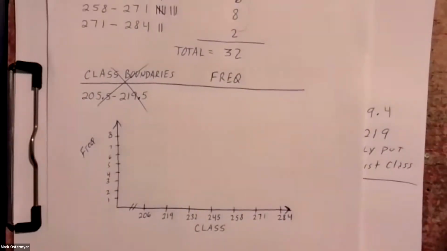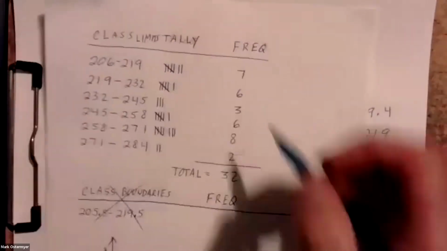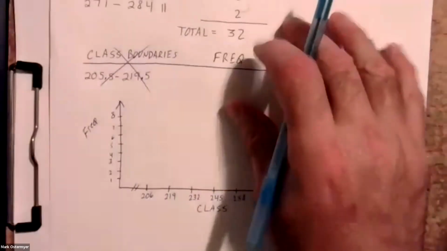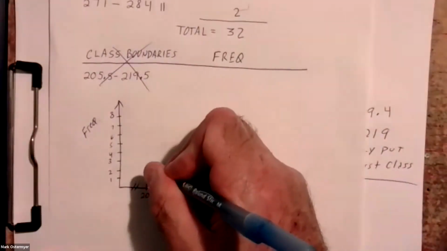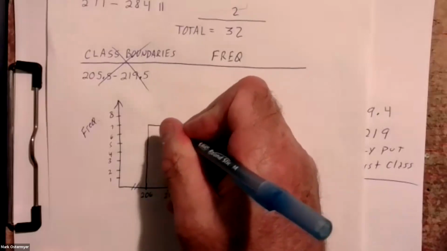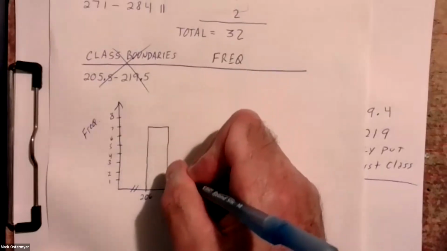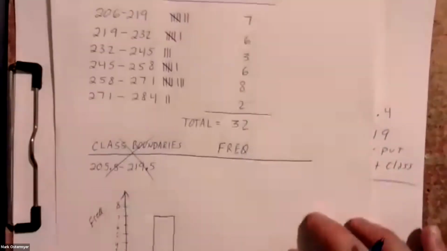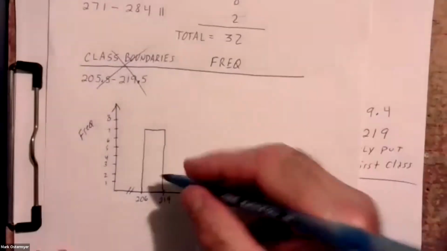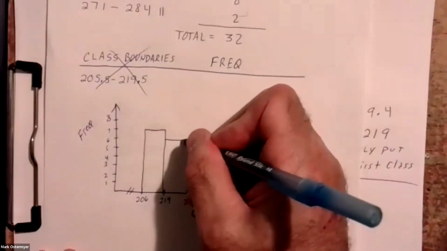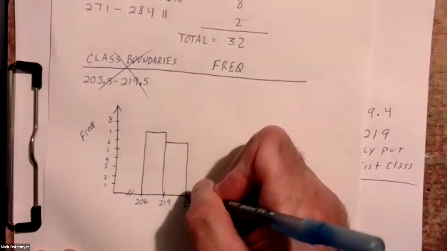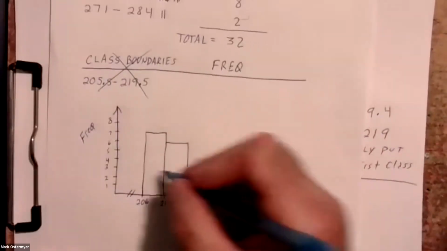Okay. And then your first class has a frequency of 7. All right. So you go 7 high on this one. That's your first class. Second class goes 6 high. Third class occurs with a frequency of 3.